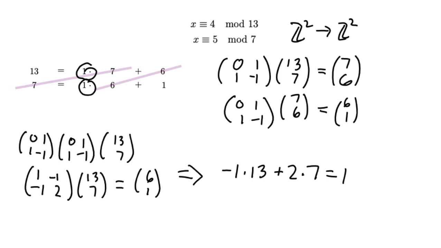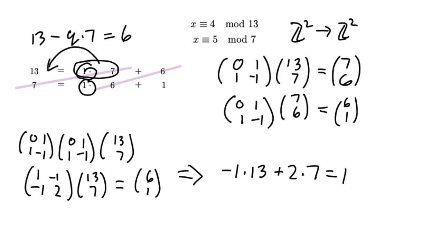Why does that give us 6? We've taken 1 times 7 over to the other side, so 13 minus 1 times 7. It's like saying 13 minus the quotient times 7 is equal to 6. So 13, plus minus the quotient times 7. We can notice that the quotients in both of these cases are negative 1s.